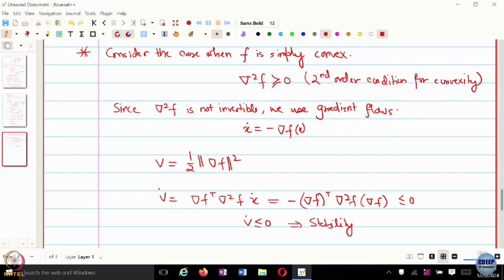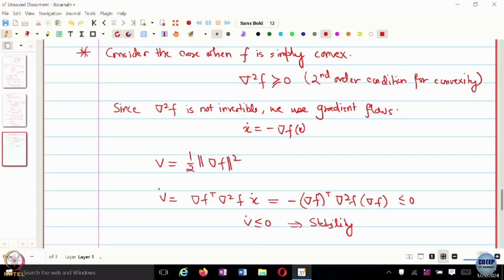All we can conclude is that your iterates x are going to be bounded around your x star, but whether or not they converge to x star, at least from this we cannot argue. Right?